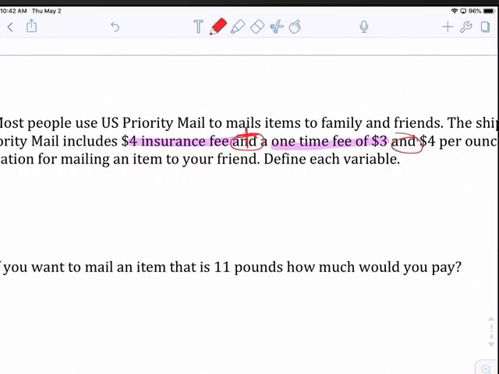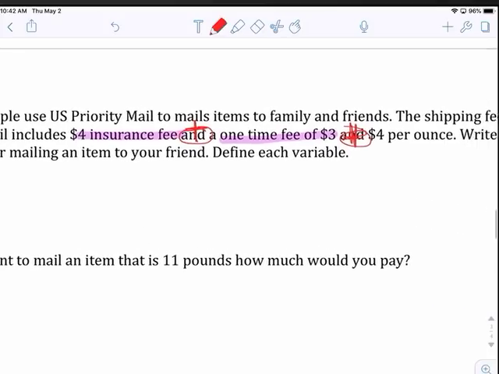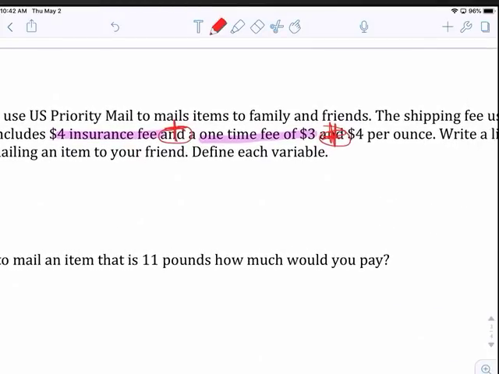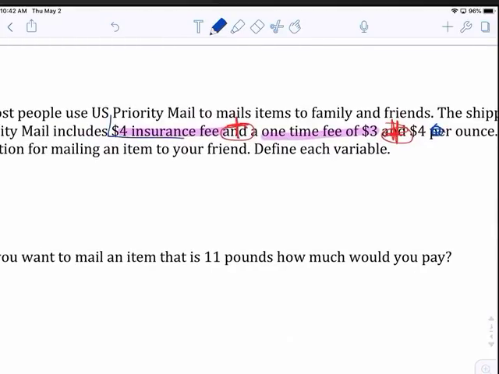So there's 2 plus. The and means plus. Nicole, what does per mean? Times. So we copy what we see there. So 4 plus 3 plus 4.